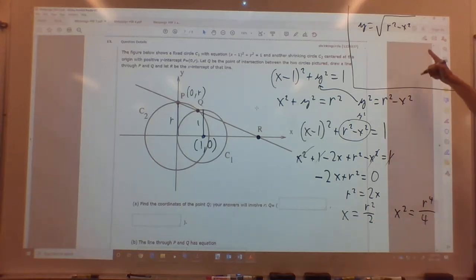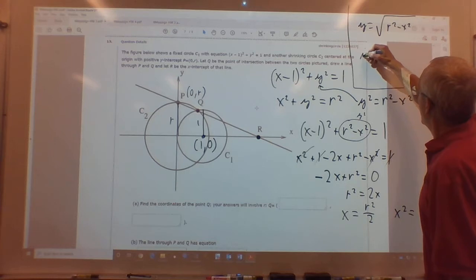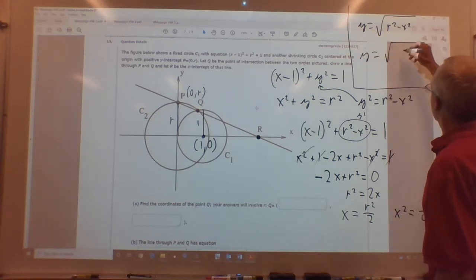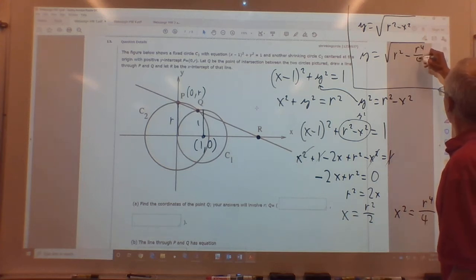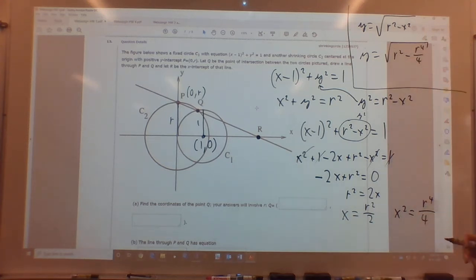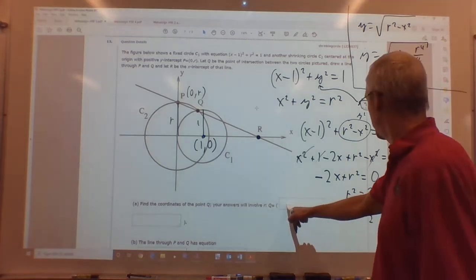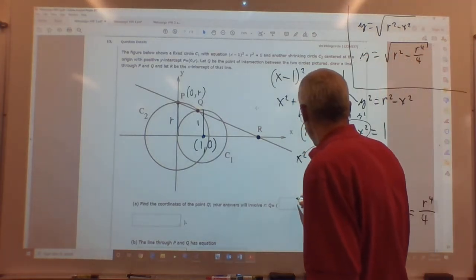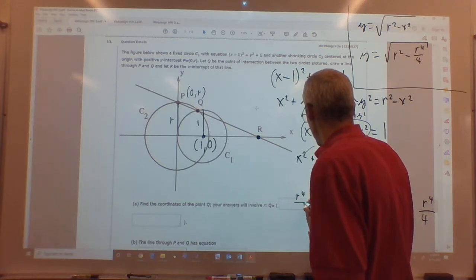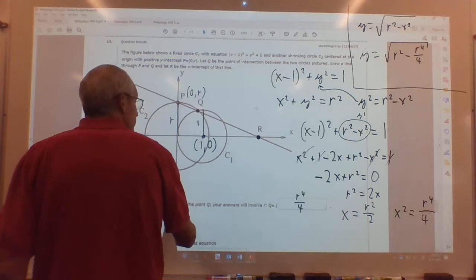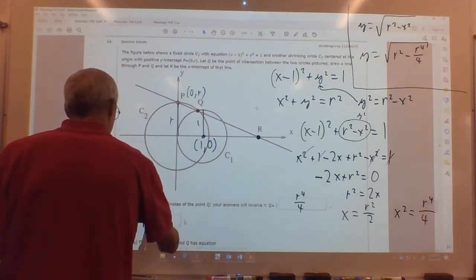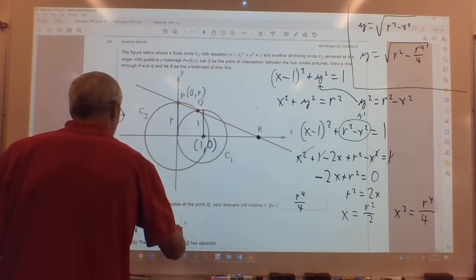So that's what x squared is. So we plug that into here. So y is equal to the square root of r squared minus r to the 4th over 4. Okay, that is the first answer. Our point Q is the x value is r squared over 2, and the y value is the square root of r squared minus r to the 4th over 4.